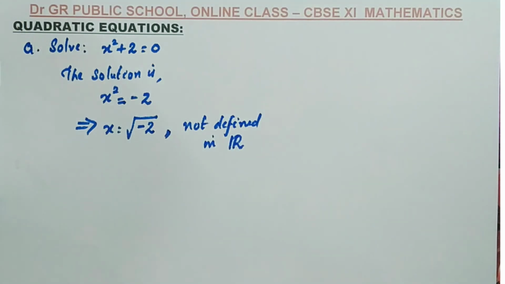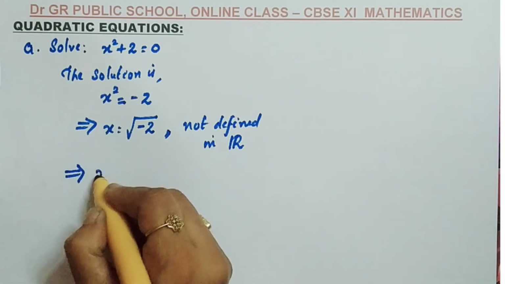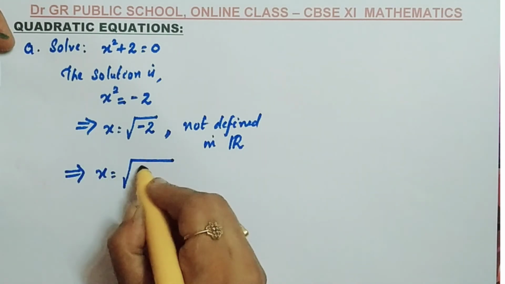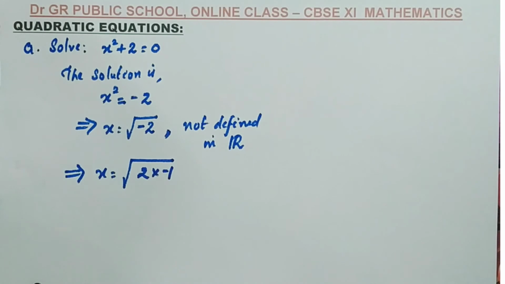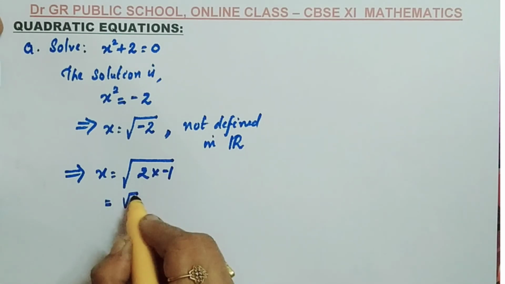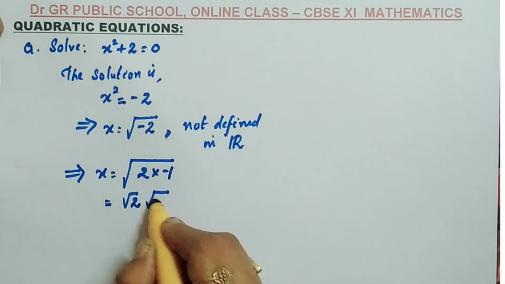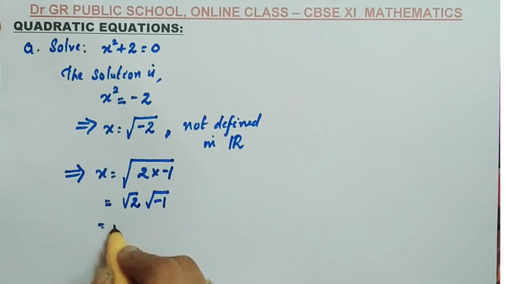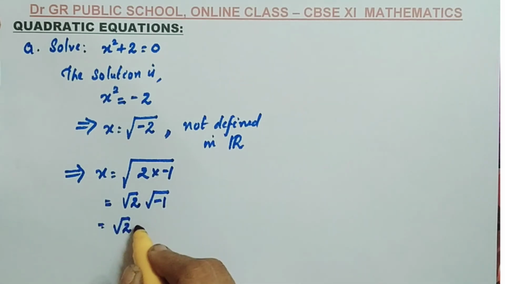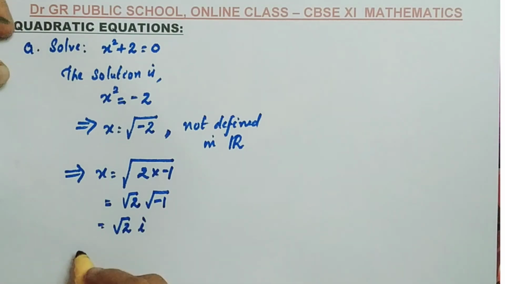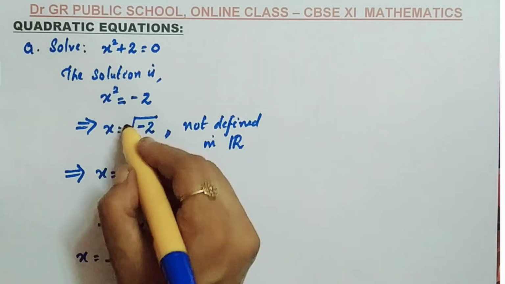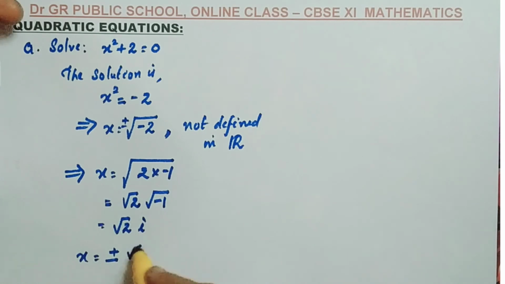But now we have a solution: x can be written as square root of 2 into minus 1, which equals root 2 times root of minus 1, and root of minus 1 is i, so root 2i. So the solution is x equals plus or minus root 2i, two values for a quadratic equation.